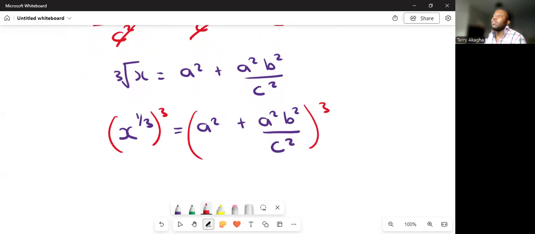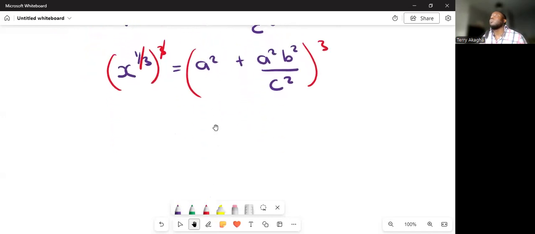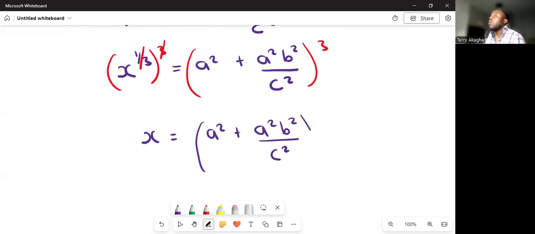Are you seeing it? So this will cancel that. Then we now have x will be equal to a squared plus a squared b squared over c squared, all raised to the power 3. And that will be the answer for that.